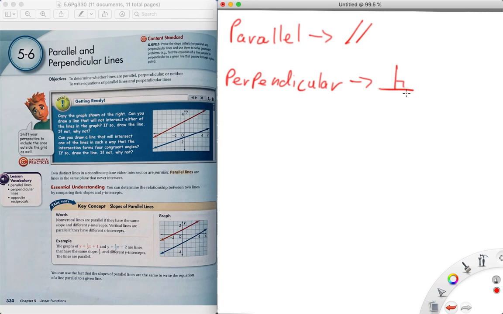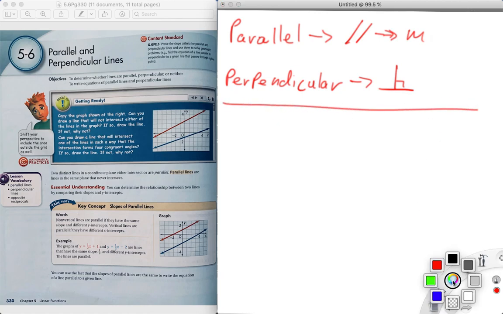So what does perpendicular mean? What does parallel mean? Well, parallel means that the slopes are equal. So let me write that down here.